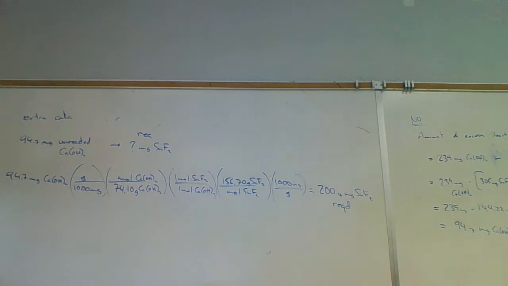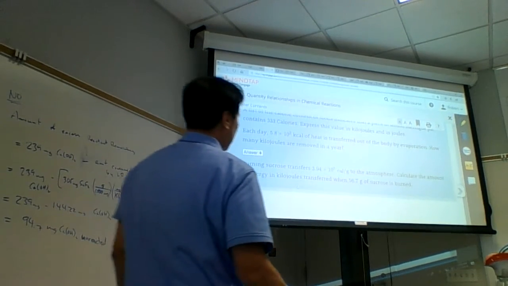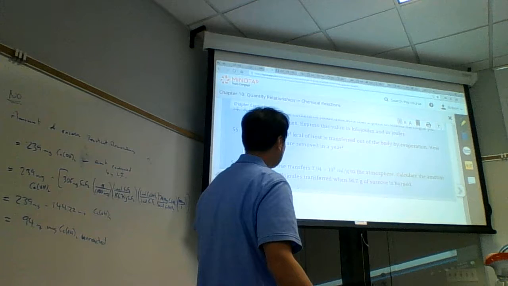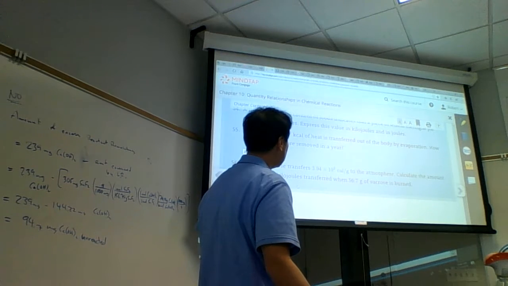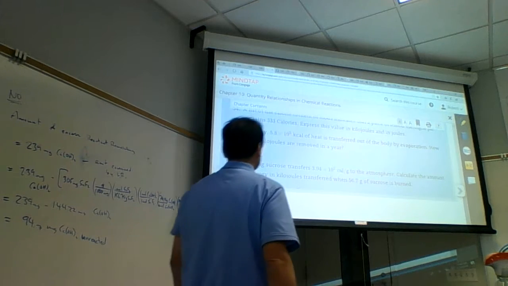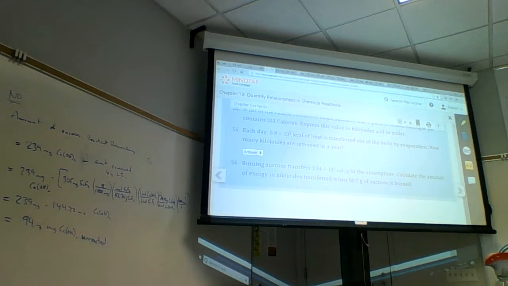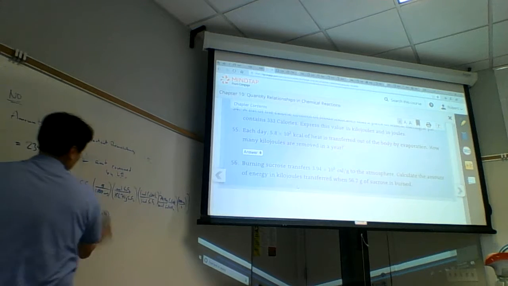Burning sucrose transfers 3.94 times 10 to the third calories per gram to the atmosphere. Calculate the amount of energy in kilojoules transferred when 56.7 grams of sucrose is burned. The way we would do this is just by dimensional analysis. We wouldn't necessarily have an equation to do this.